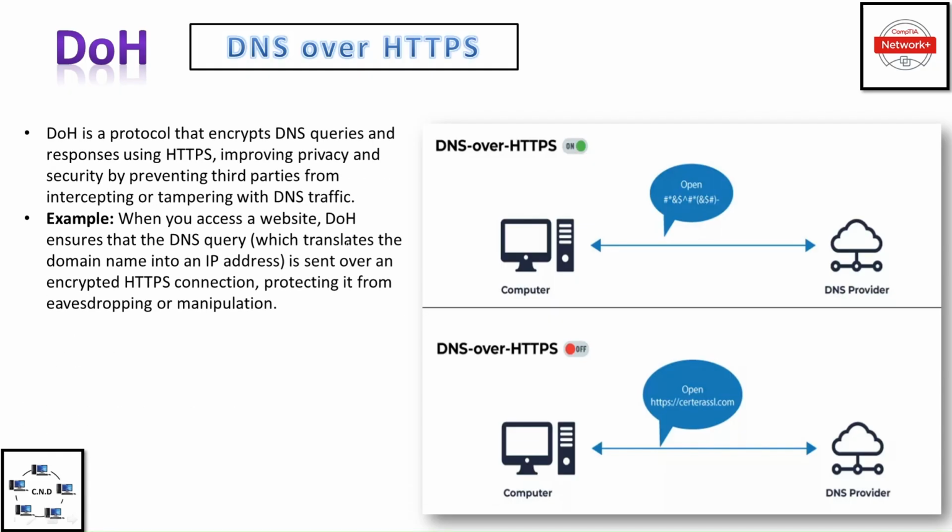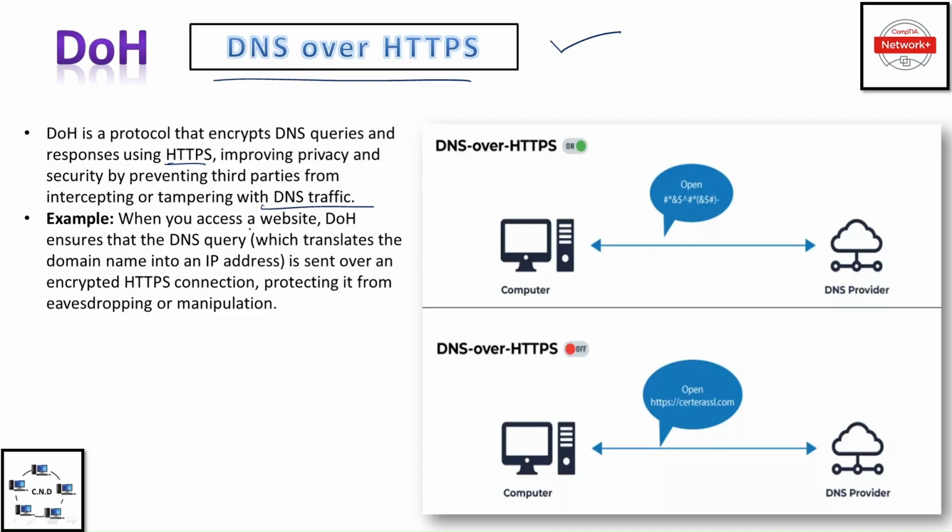DoH, or DNS over HTTPS. Now we are talking about DNS security, and these are different mechanisms. The first one is DoH, or DNS over HTTPS. DoH is a protocol that encrypts DNS queries and responses using HTTPS, improving privacy and security by preventing third parties from intercepting or tampering with DNS traffic.